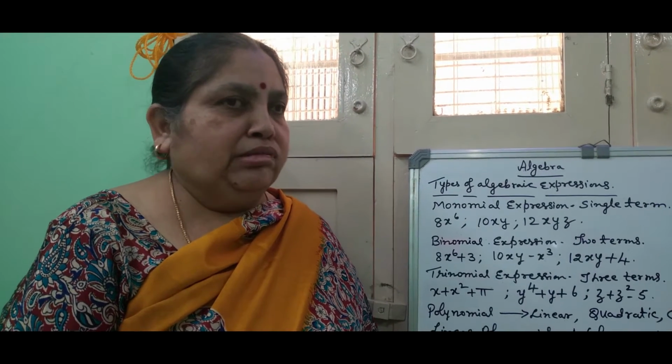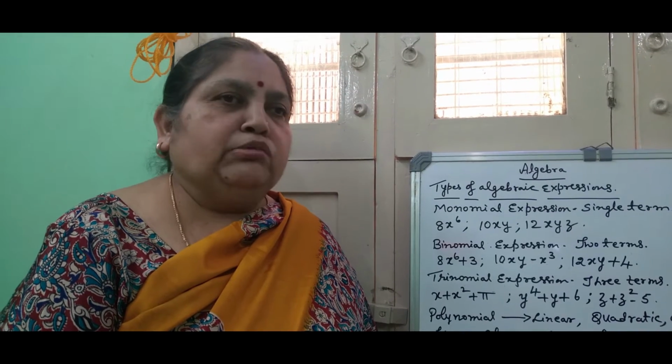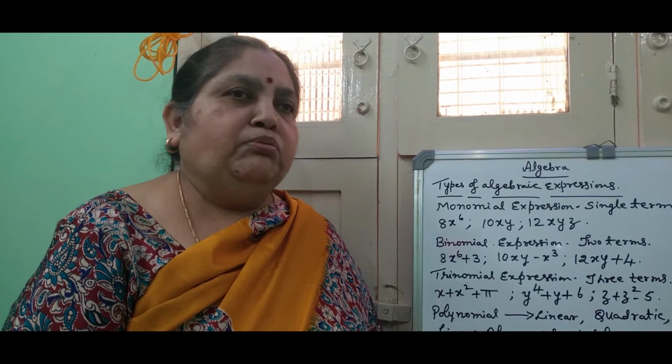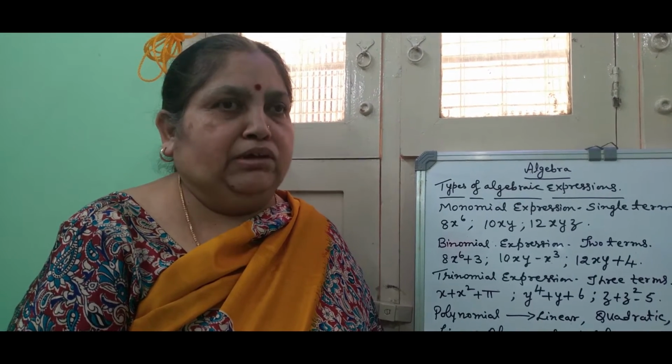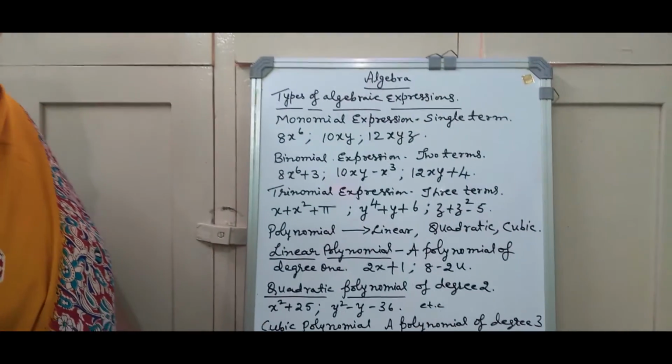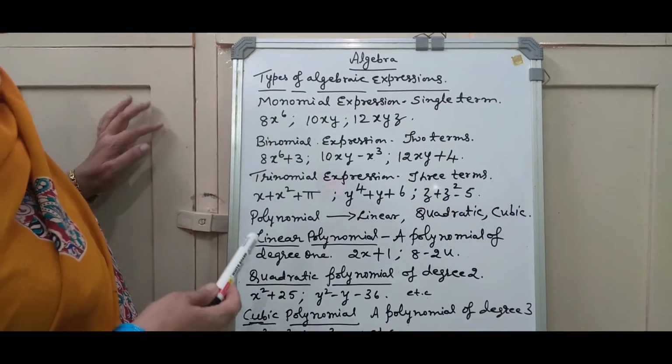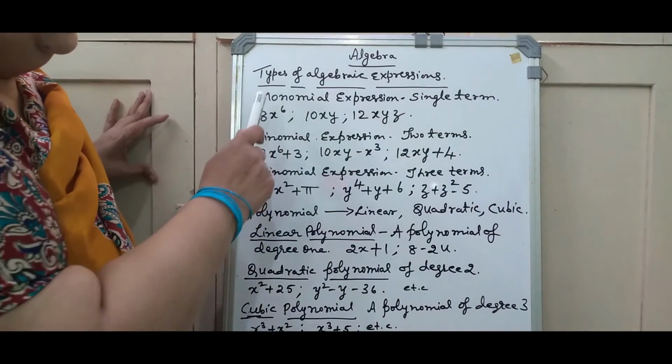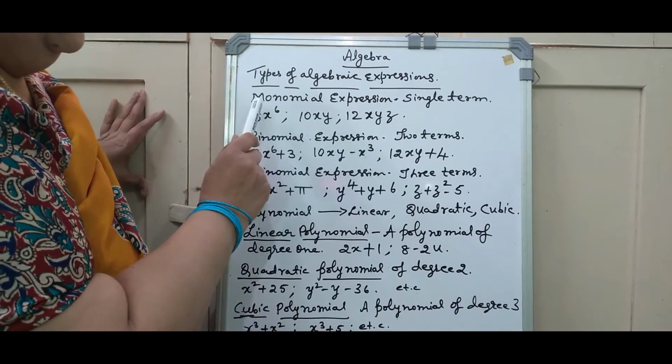Now, in this unit, I am going to explain to you about the types of algebraic expressions. The first expression is a monomial expression.